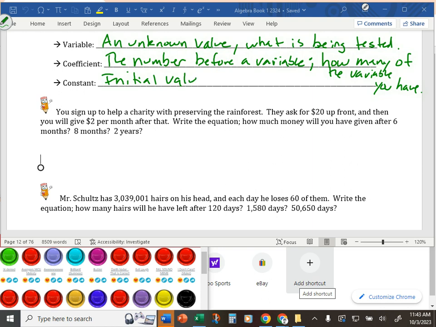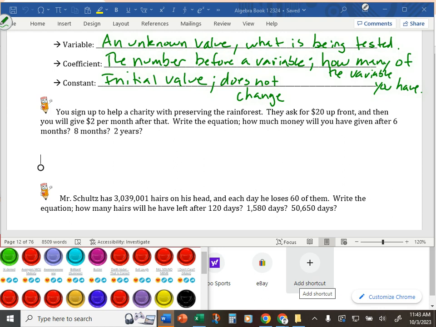Initial or beginning value. It's what you start with. It does not change. The definition of constant. Okay? It is continuous. It is unchanging. In this case, mathematically, it's also considered the initial value.